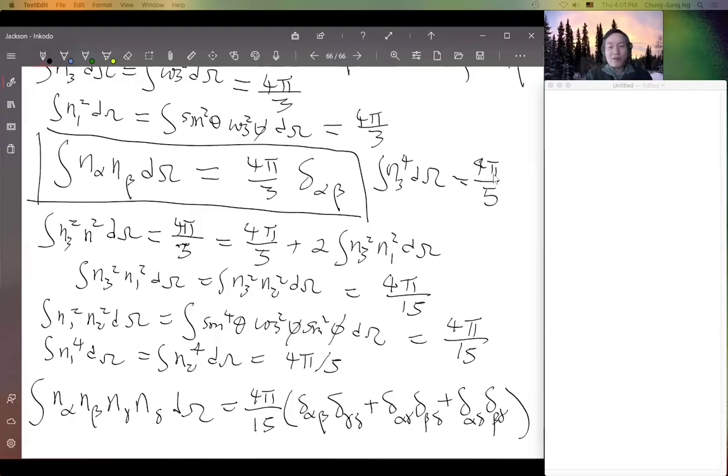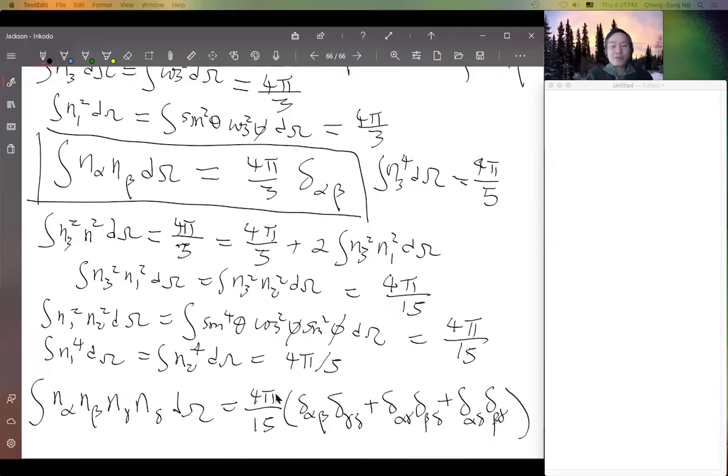So we cover all this. But if instead just 2 of them are the same, then one factor is 1 and the other 2 factors are 0. So you get 4 pi over 15, just like before. Okay. But if it's not these 2 cases, then all 3 will be 0. All these will be 0.